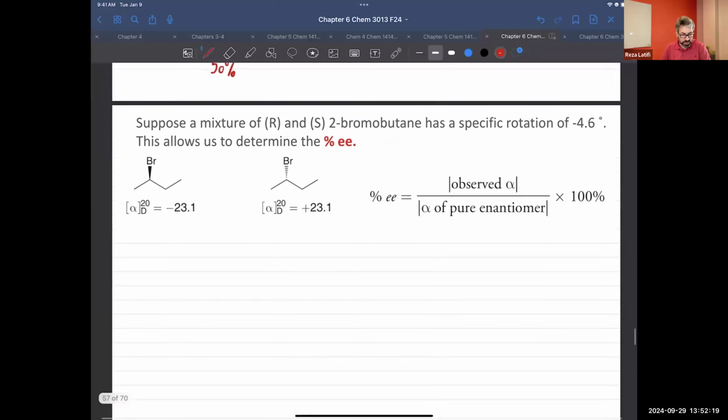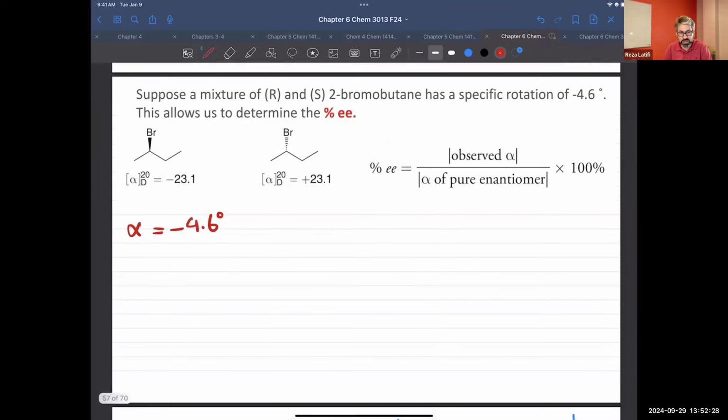Another example. In this example, they gave you alpha as minus 4.6 degrees. Because it's negative, that means we have excess from R or S. You're going to look at the sign.